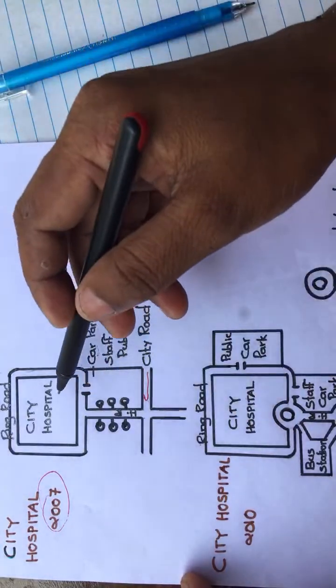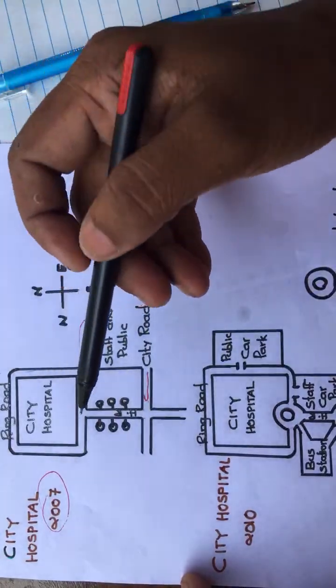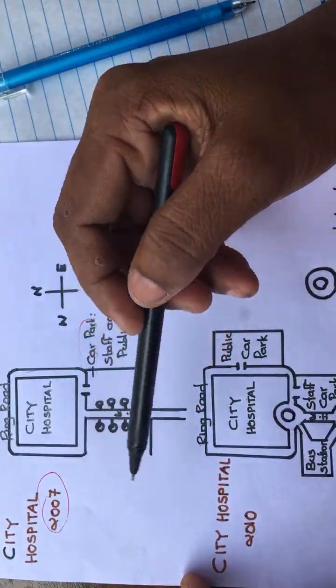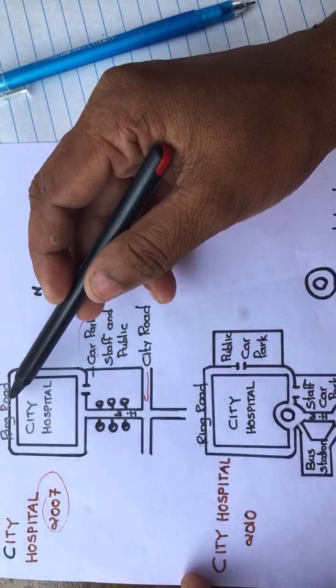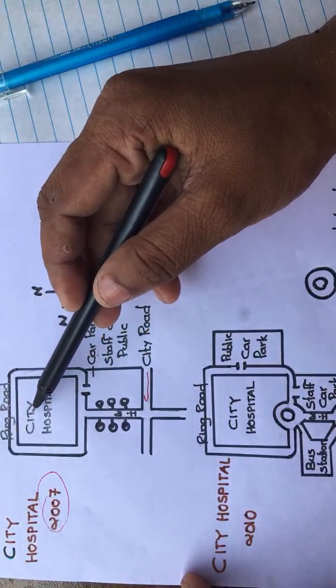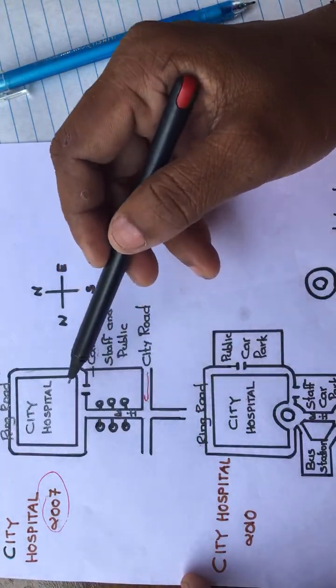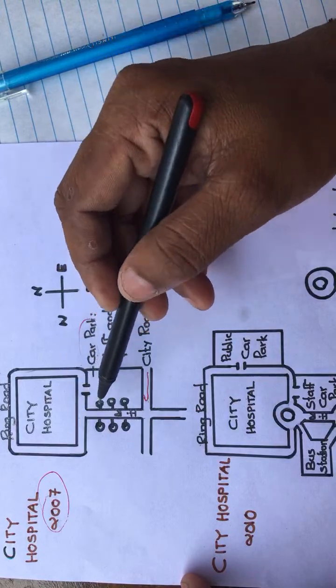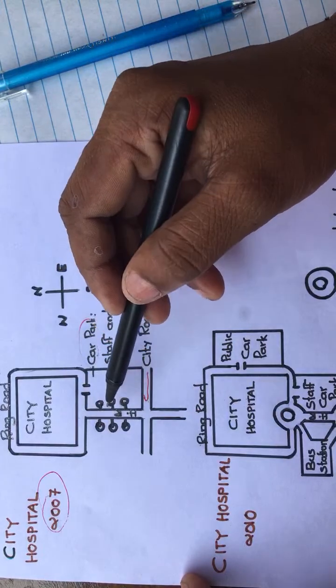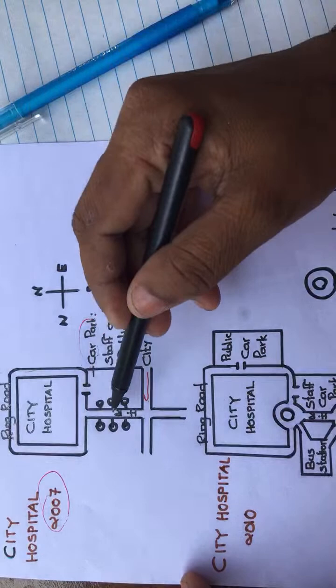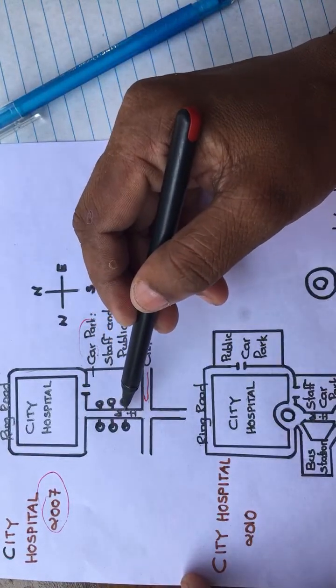So let's see what is the real difference between 2007 and 2010. That is very important. First, you have to understand that the city hospital is situated on the ring road. It is the same in 2010 and 2007. But when it comes to the hospital road, there were 6 bus stops on either side of the hospital road.